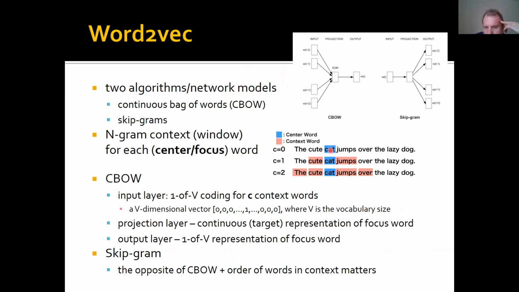Because we don't have any annotations for that, we must take the context of the word cat in that corpus, in the text, as its own annotation. So we basically take the neighborhood of the word as its annotation.